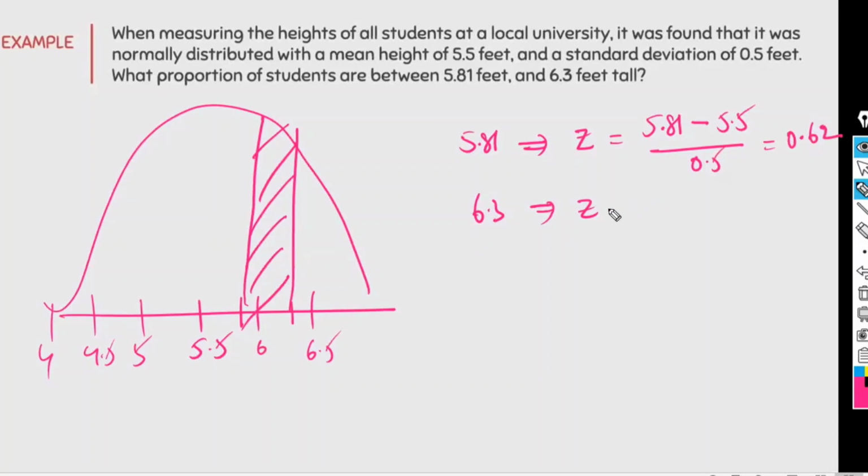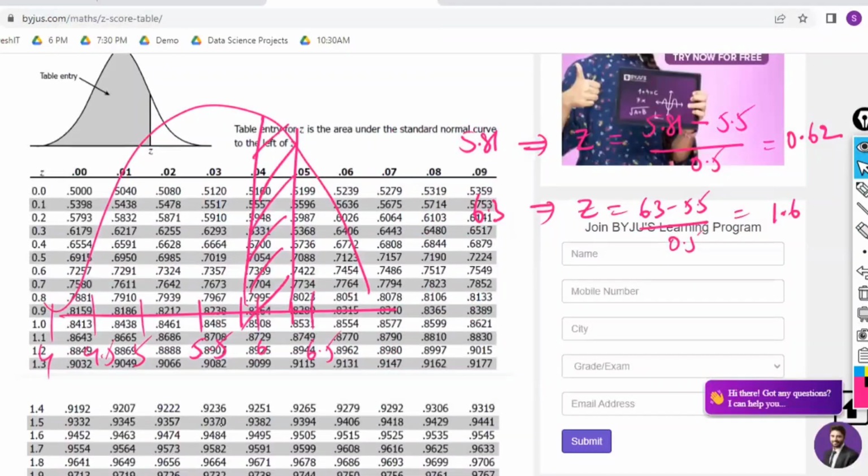Now for 6.3, 6.3 minus 5.5 divided by 0.5. What is the answer? 1.6. So they want the area from 0.62 to 1.6. So now I'm going to calculate first the Z of 0.62. I'm going to open the Z table with 0.62. Where is that 0.62?